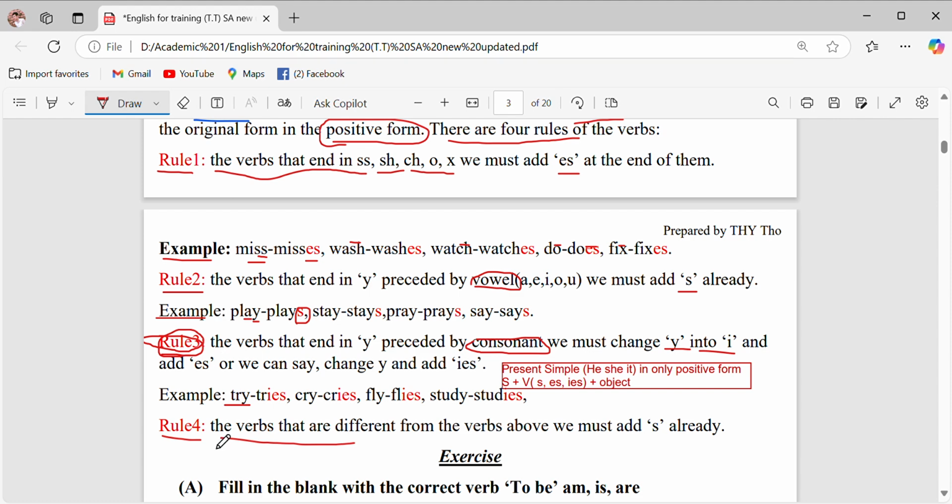If it does not end in ss, sh, ch, o, x, or in y preceded by a vowel or a consonant, you don't need to worry when you use it in the positive form of the third person singular he, she, it. Just add s.